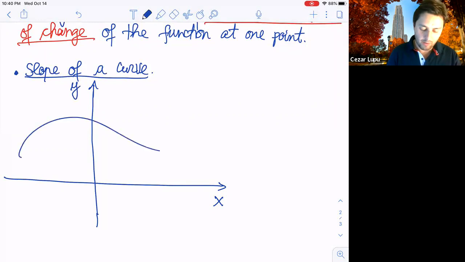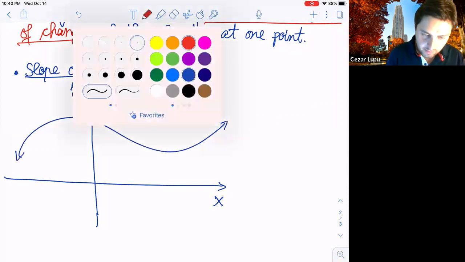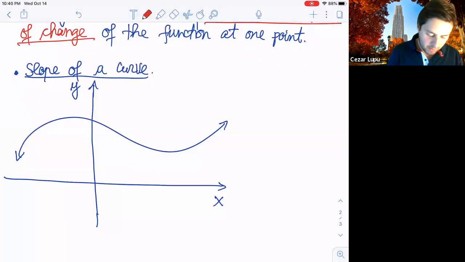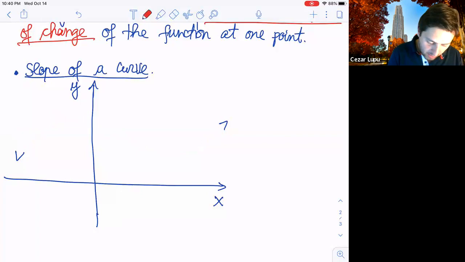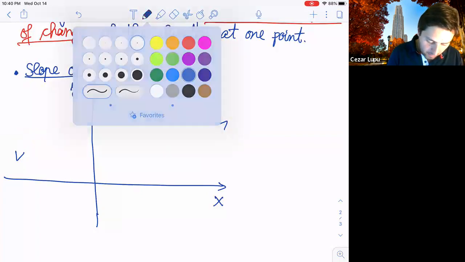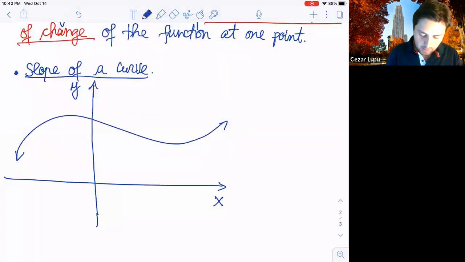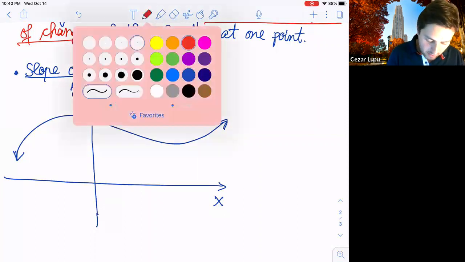Suppose that we have a curve like this. This is the curve, and now I'm going to draw some tangents here.